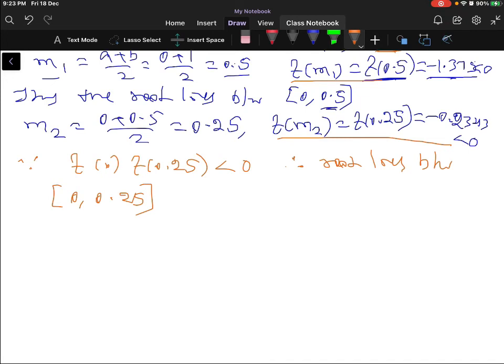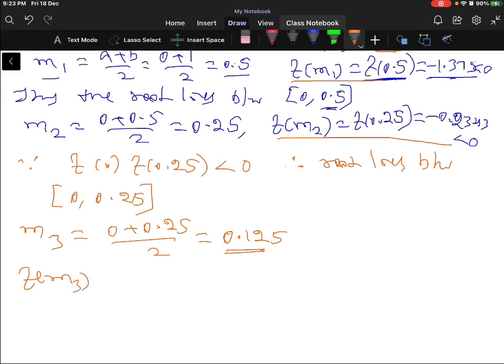Again you have to bisect the interval (0, 0.25). We get m3 = (0 + 0.25)/2, so we get 0.125.